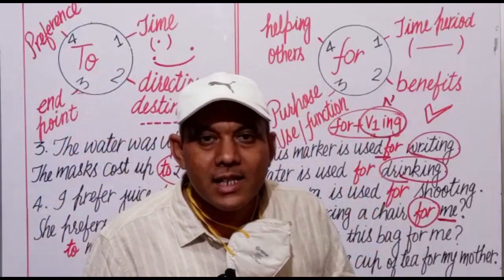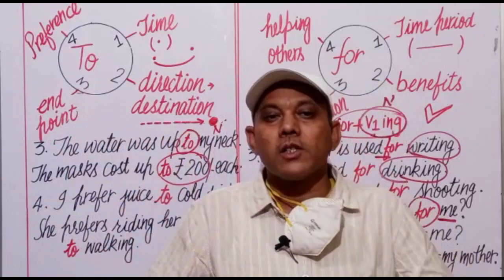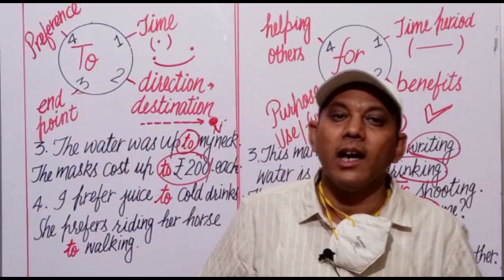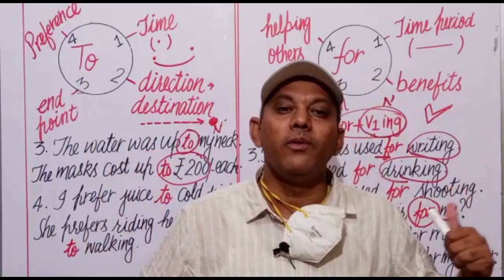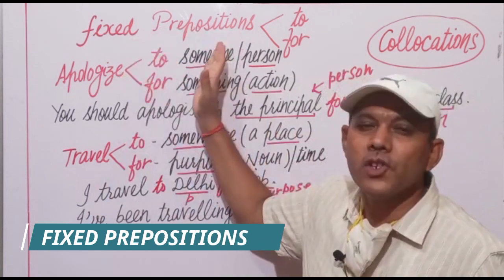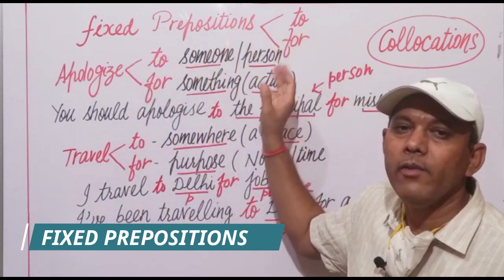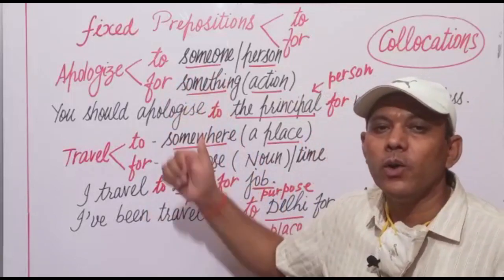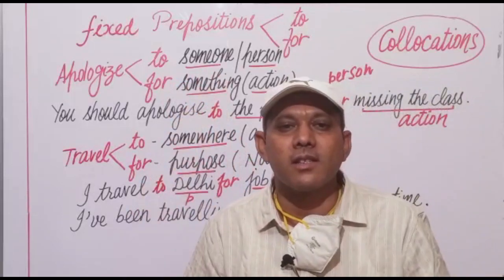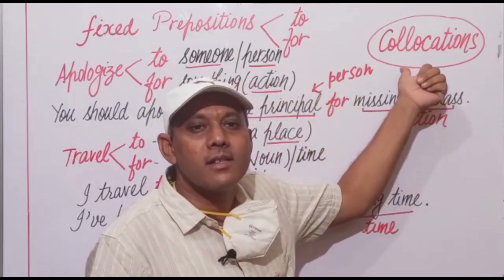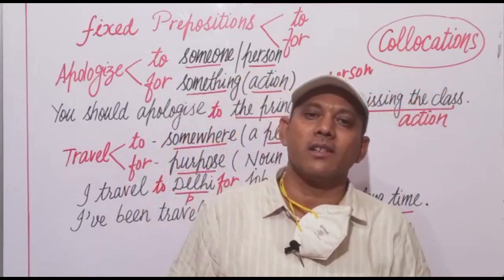Now, we shall discuss some specific or fixed prepositions in case of to and for. Where do we use to and for as fixed prepositions? For this, you have to learn about collocations. What do you mean by collocation?